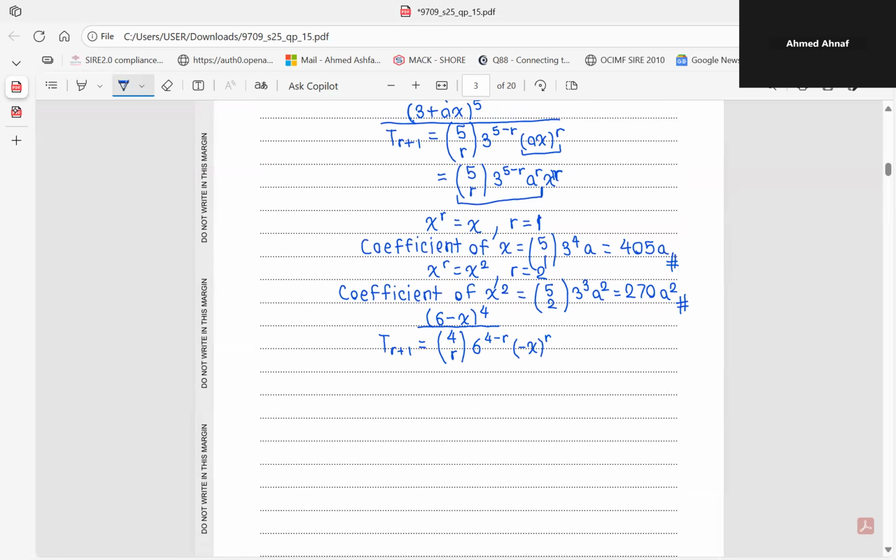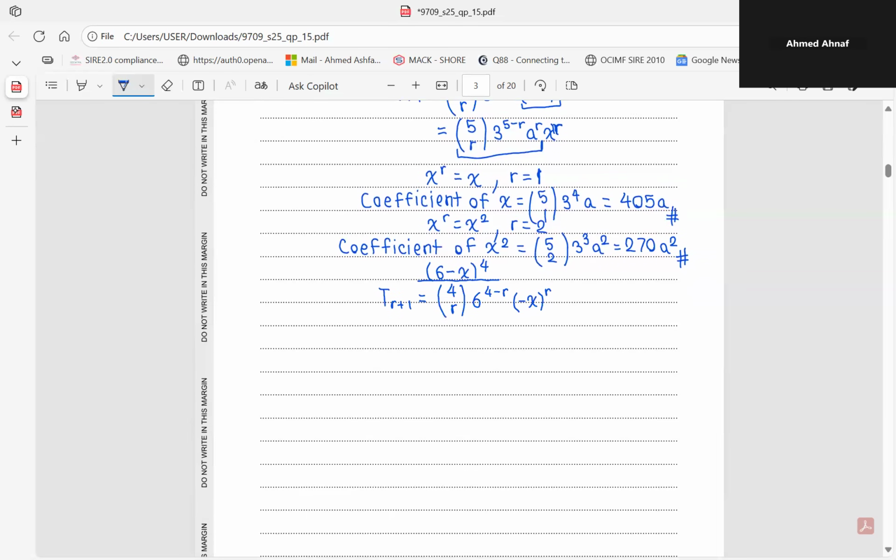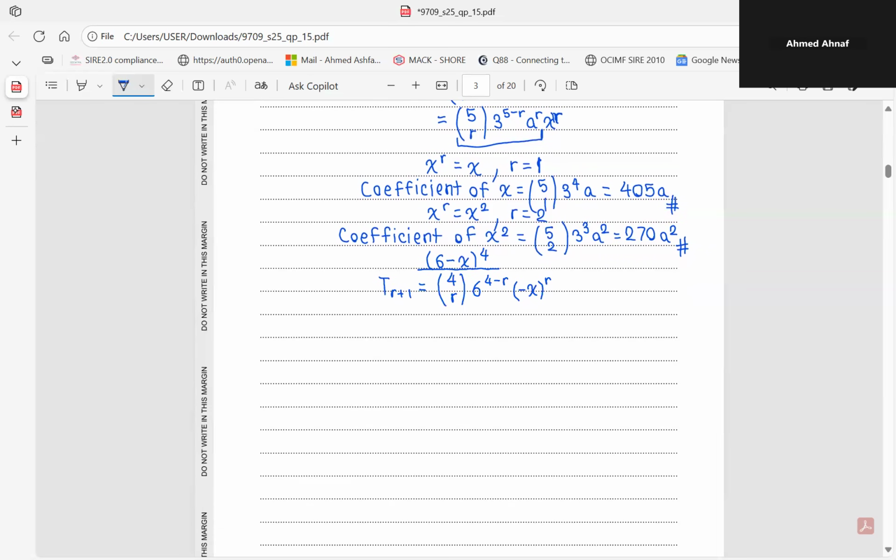Okay, now let's just separate the x terms. So you would get 4 choose r times 6 to the power 4 minus r. You split the power into negative 1 and x, so you get negative 1 to the power of r and x to the power of r.